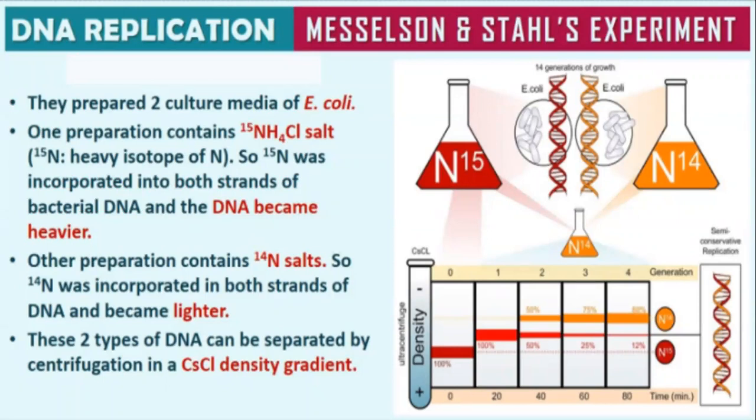So after multiplication, this bacterium acquired the N15 isotope in both strands, and 100% N15 DNA is obtained. Right? The other preparation contains N14 salt, which is incorporated in both strands of DNA and became lighter. I am explaining here in between, after reading one sentence, so just cooperate.